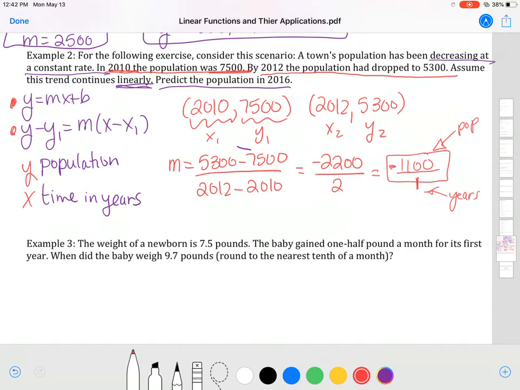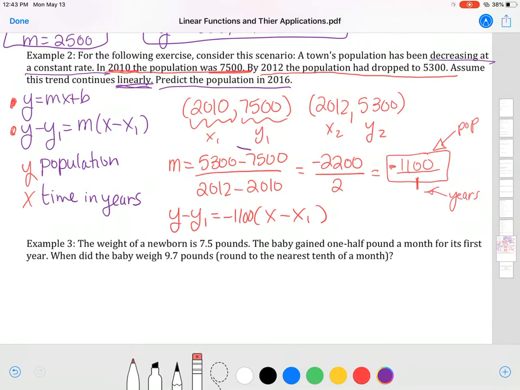Okay, so now I'm going to put all this information into one of my formulas. Since I don't have an initial value, but I do have a point, I'm going to use my point-slope form. I'm going to put in my slope, which is negative 1,100.